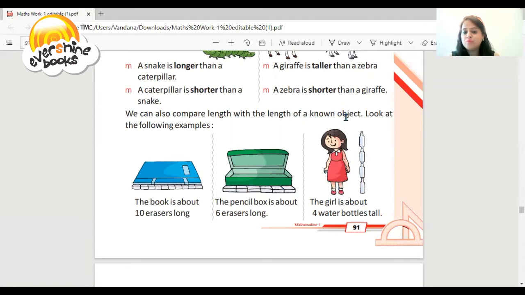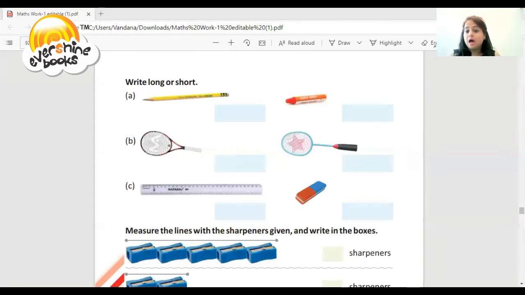We have put 4 bottles to measure the length of the girl. So, 4 bottles are equal to 1 girl.